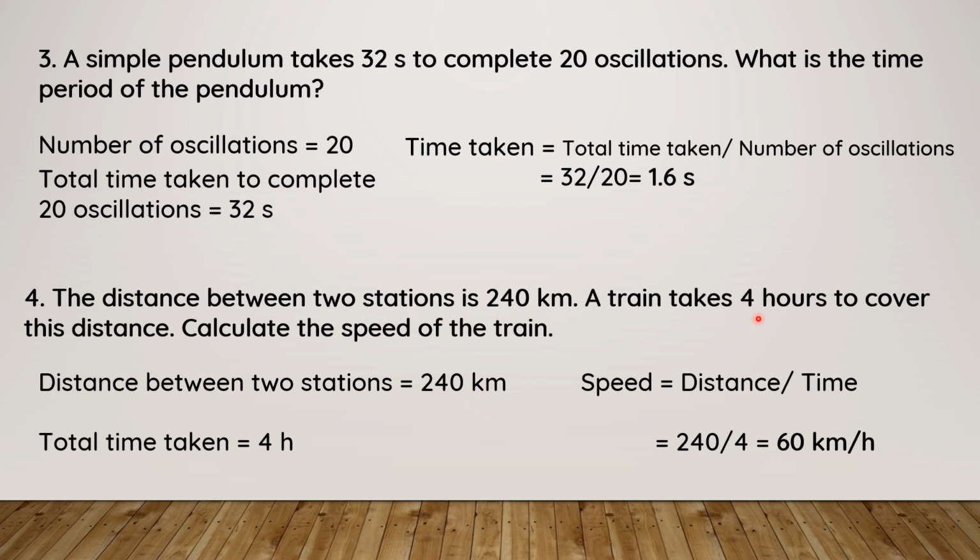A train takes 4 hours to cover the distance, so time taken 4 hours. The formula for speed is distance upon time, so 240 by 4 equals 60 kilometer per hour. So these third and fourth questions you can write in your notebook.